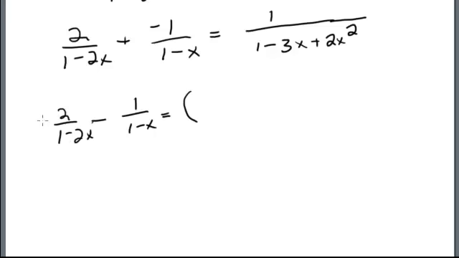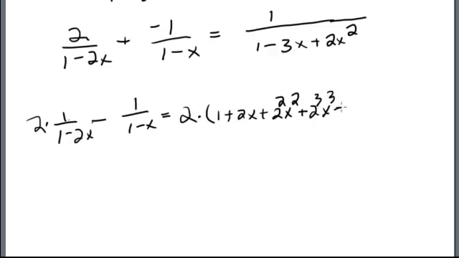This is just 2 times 1 over 1 minus 2x, and we said that was 2 times 1 plus 2x plus 2 squared x squared plus 2 cubed x cubed plus dot dot dot.